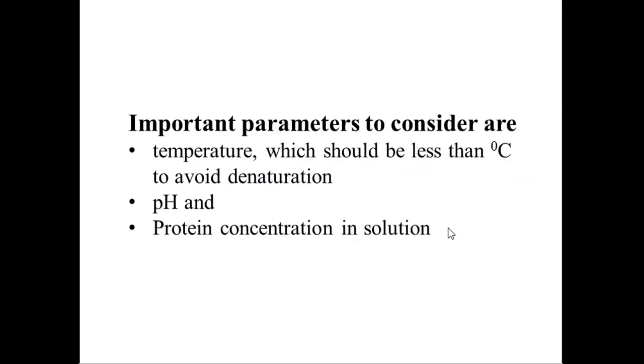Now, there are some important parameters to consider. That is number one, temperature. When you use organic solvent driven precipitation, temperature should be less than 4 degrees centigrade. Ideal is 2 to 4, so that you can avoid denaturation.